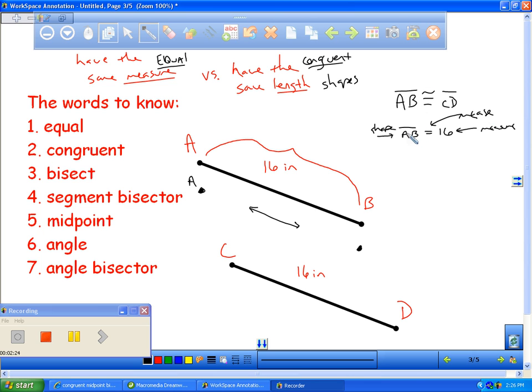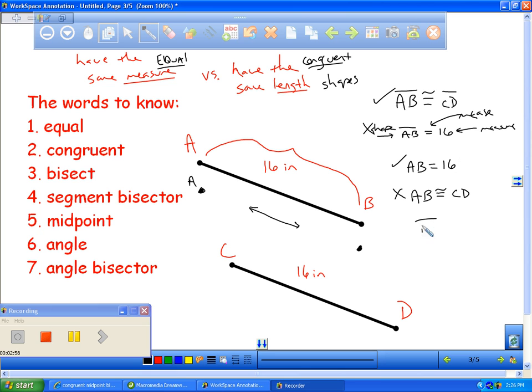So how would I write that? Well, I would write that the measurement of AB is equal to 16. Nor could I say something like the measure of AB is congruent to the measure from C to D. That's not right. So yes, no, yes, no, because this is congruency. So you've got to either choose equality or you have to choose shapes, but you can't choose both.